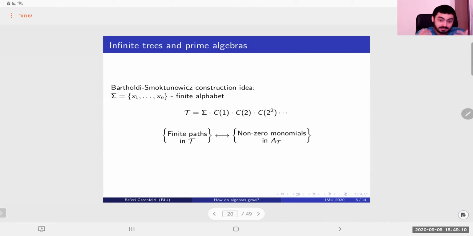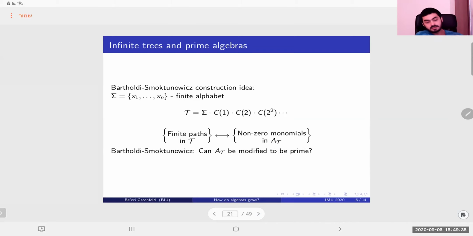And therefore they're able to control the growth of the resulting algebra. Of course, the main challenge here is to show that you can choose your system of sets in such a way that indeed you will realize the desired function as the growth function of this algebra. And they left open the following question, whose answer is very interesting because of different applications.